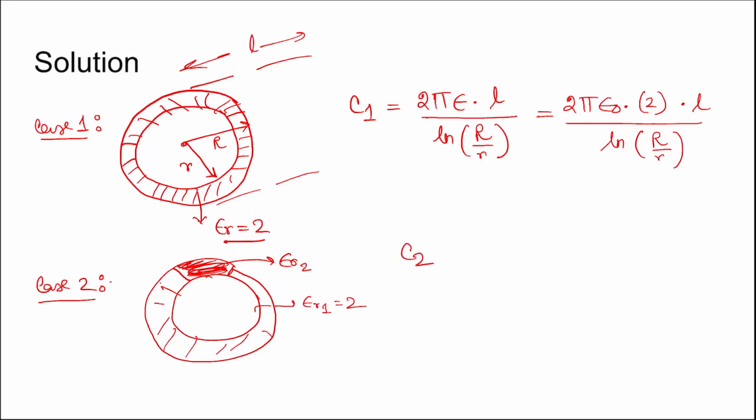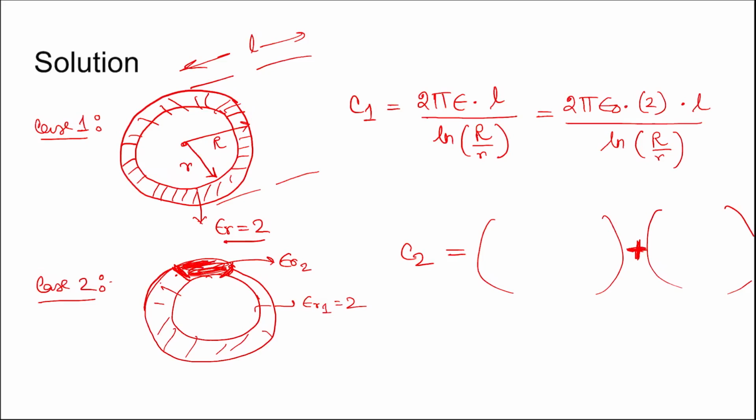So capacitance in the second case should be the addition of two components, because these capacitances add. Imagine this part to be different and this part to be different. Then the net capacitance of this figure will be the addition of the individual capacitances.